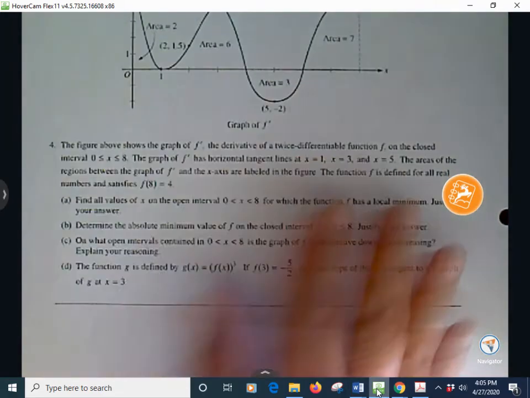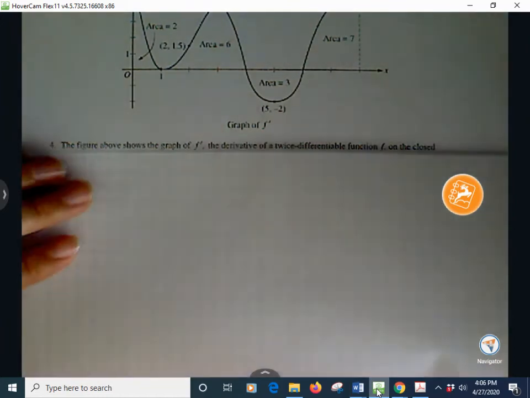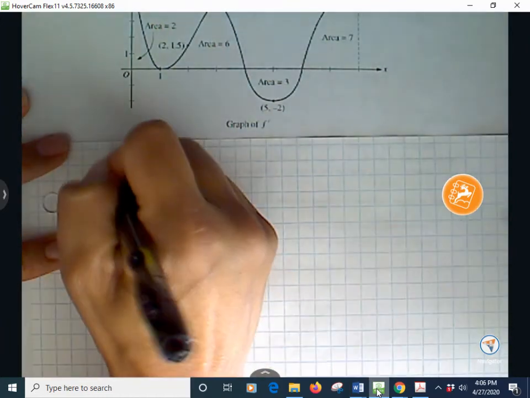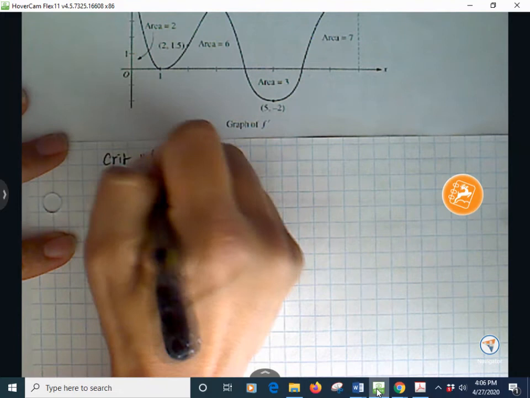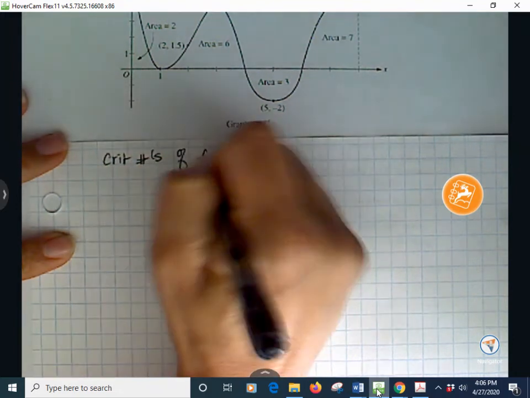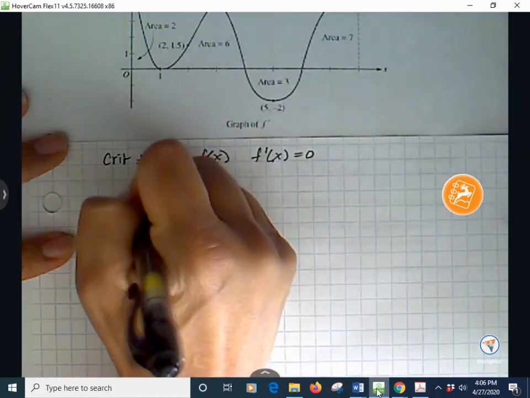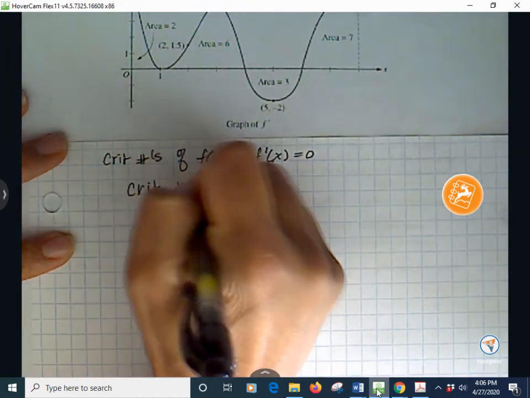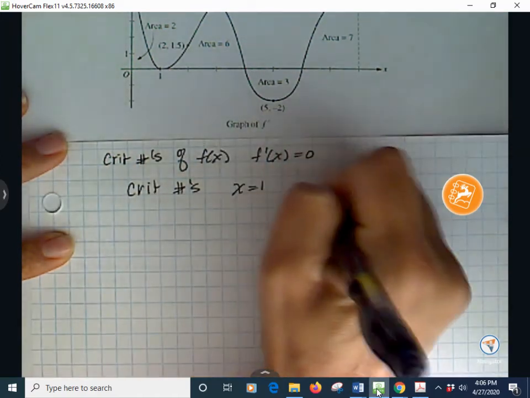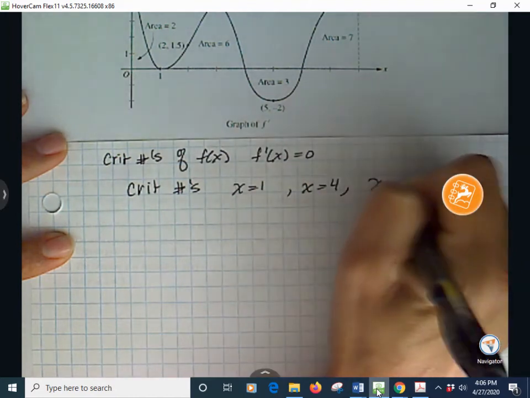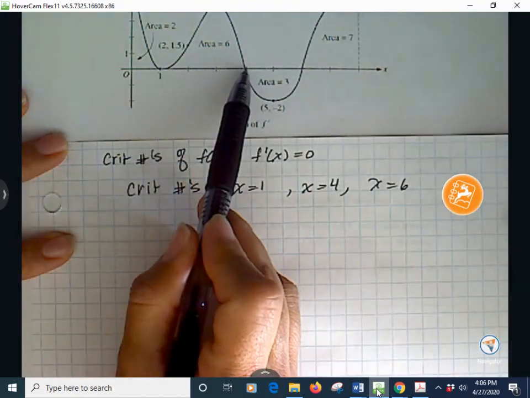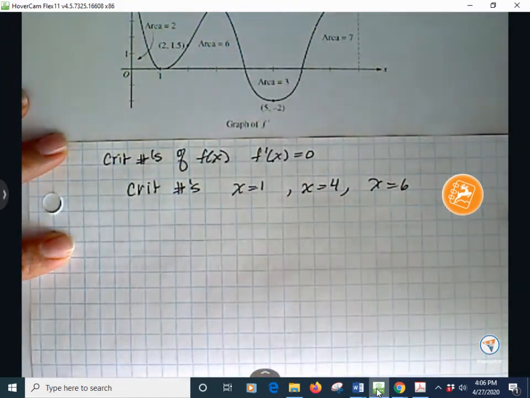All right, so we talked about the critical numbers of f of x being when f prime of x equals 0. And so our critical numbers occur at x equal to 1, x equal to 4, and x equal to 6, because that's when f prime is equal to 0.